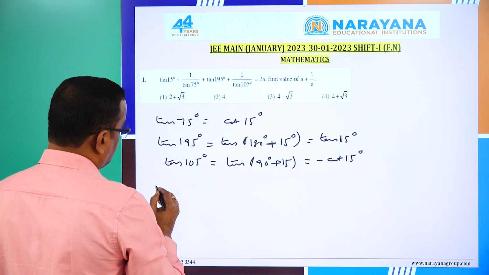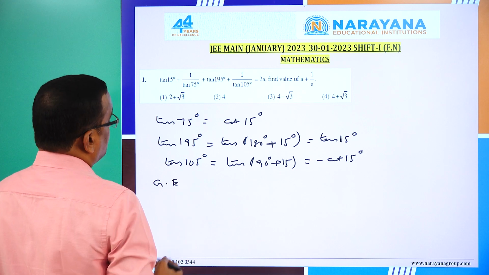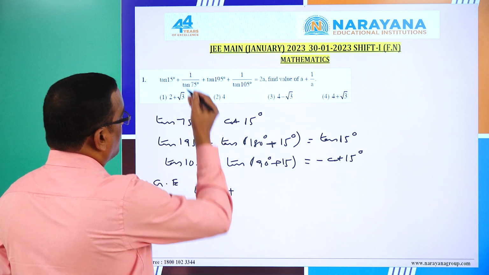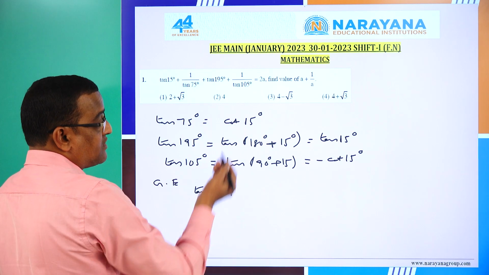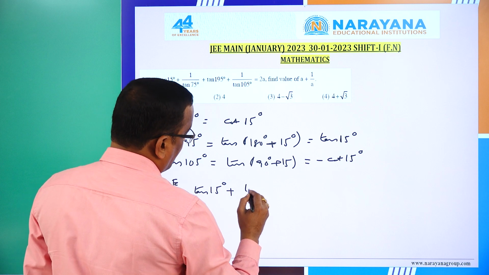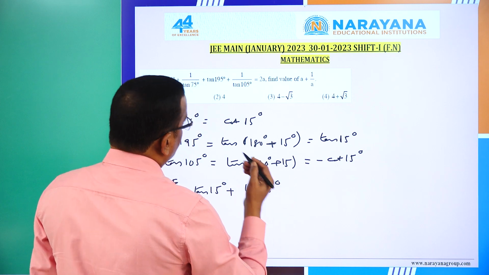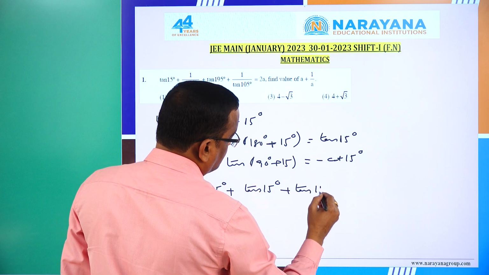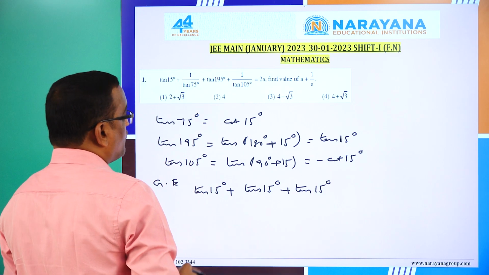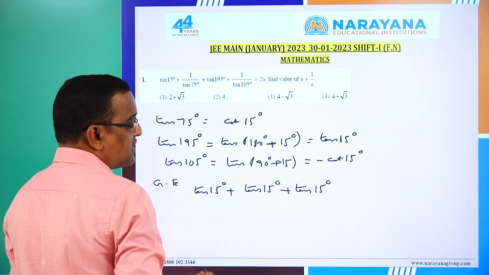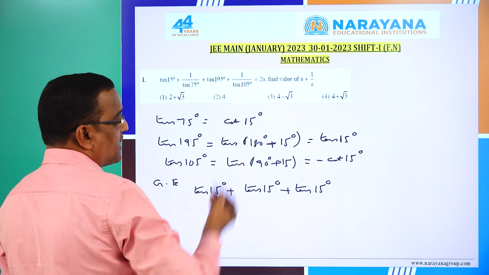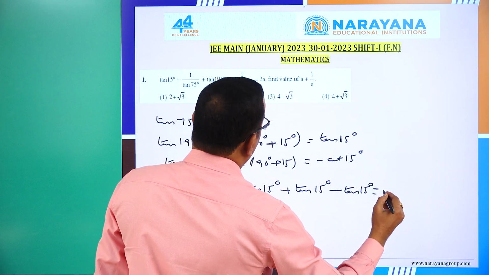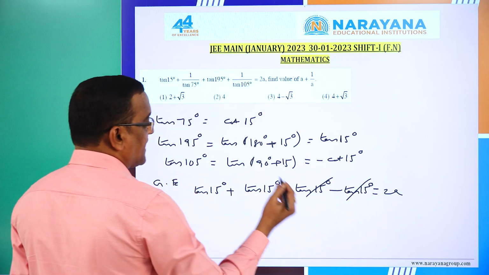Now the given equation: tan 15 plus 1 by tan 75, nothing but 1 by cot 15, that is tan 15 only, plus tan 195, that is tan 15, plus 1 by tan 105, tan 105 is minus cot 15, 1 by minus cot 15 becomes minus tan 15. This is 2a. So tan 15 cancels.